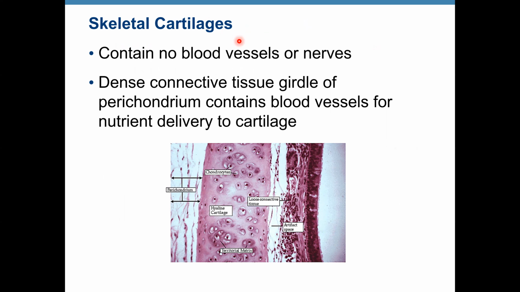Skeletal cartilages. Cartilages are also part of the skeletal system. They contain no blood vessels or nerves. What does it mean? If we have tissue without blood vessels, that means this is tissue that has little regeneration ability.